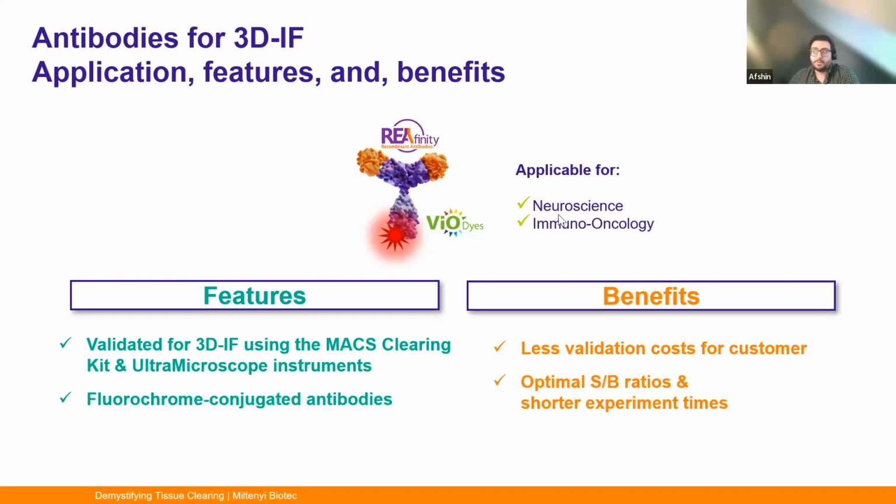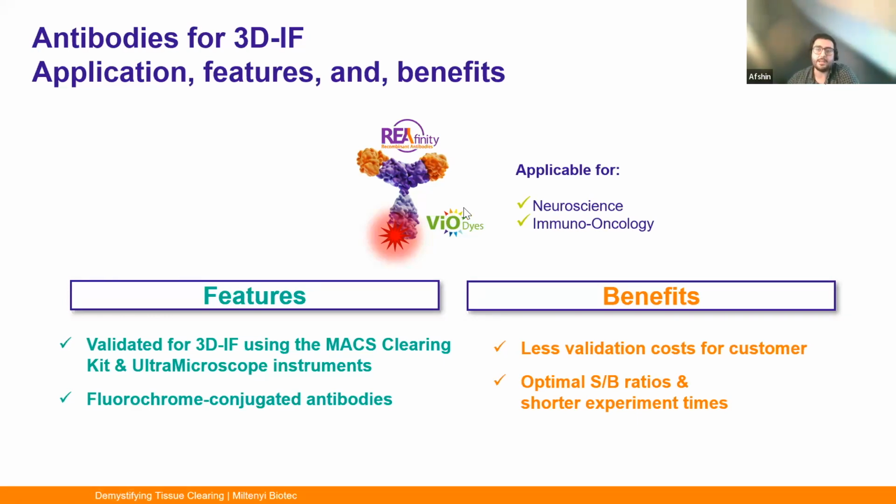These antibodies are already fluorochrome conjugated, so you don't need to do the primary and secondary antibody labeling. So one-time primary labeling would be sufficient. They are conjugated to VioDyes, which are the fluorophores from Miltenyi.